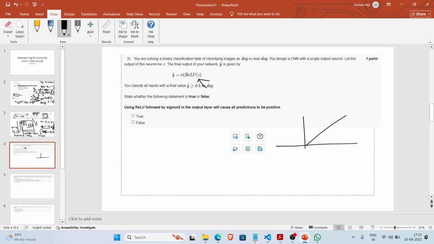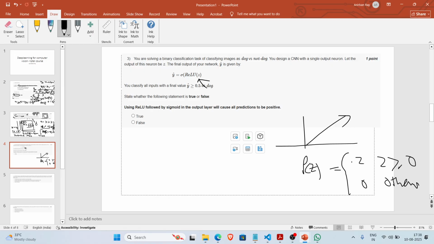ReLU is this function: when you put Z into the function, you get Z if Z is greater than or equal to 0, and 0 otherwise. So you can understand that the output is always greater than or equal to 0.